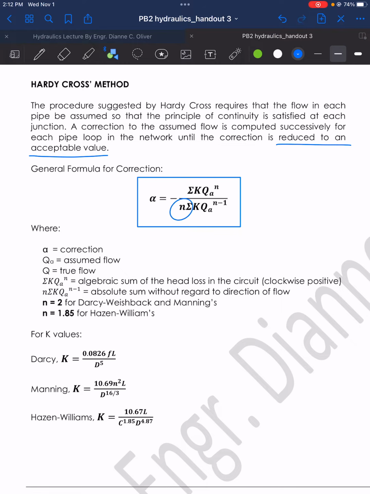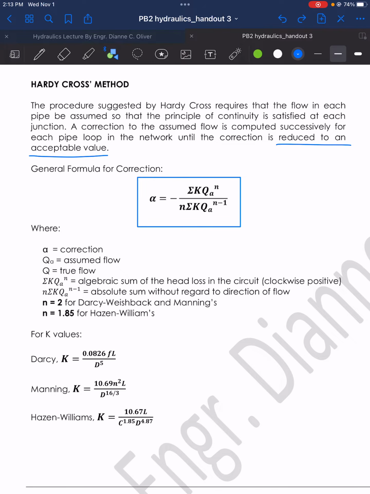Now for the value of n, we have n equal to 2 for Darcy-Weisbach and Manning's, whereas n is equal to 1.85 for Hazen-Williams. Now as for the K values, we have the K for Darcy as the formula for head loss for Darcy. The K for Manning is the formula for head loss for Manning, and same is true with the Hazen-Williams.